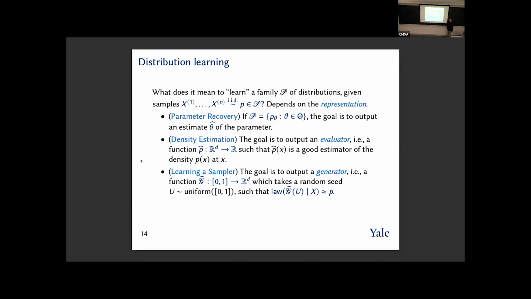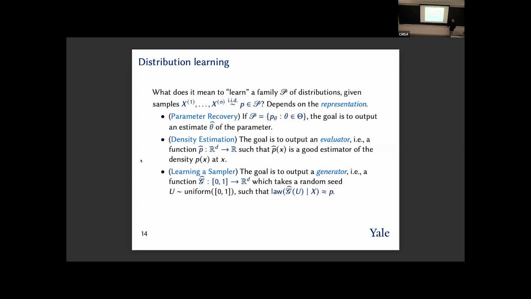It depends on how the density estimator is represented, but it's not always easy to tease that information out of it. Whereas if I have a distribution in the form of an algorithm that generates samples from it, now I can use these samples to do all sorts of downstream tasks. So in my opinion, this is the more relevant problem for distribution learning and what we need to focus on in the future.